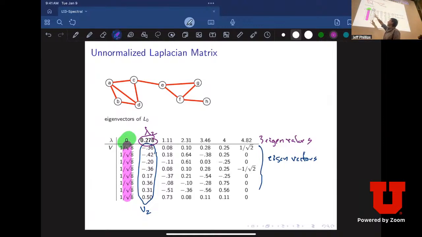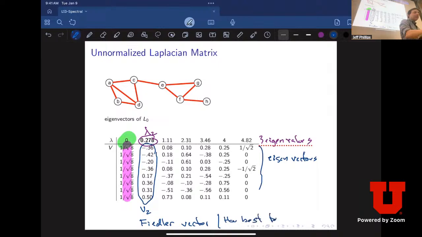I've sorted the eigenvalues in increasing order. The second one is going to be very useful. This is called the Fiedler vector. This tells me how best to map to one dimension.